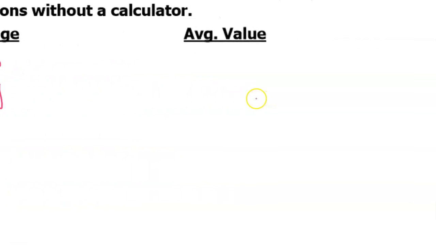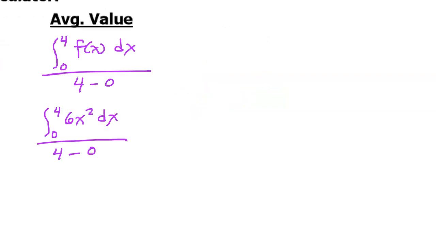On the other hand, the average value from 0 to 4 is going to be the integral divided by the interval. So the integral from 0 to 4 of f of x dx, all right, divided by the interval 4 minus 0. For the integral of 6x squared, I'm going to use the power rule of integration.